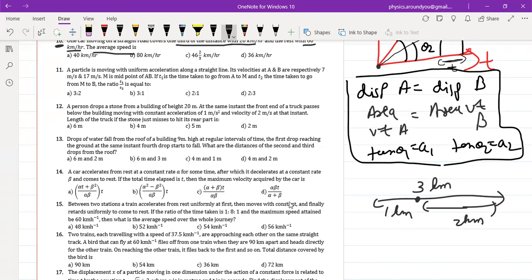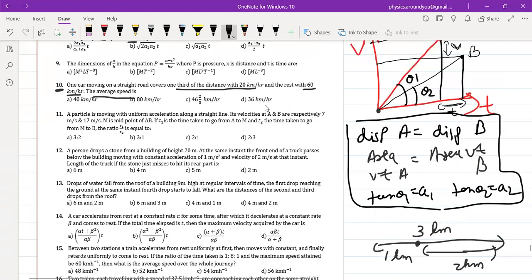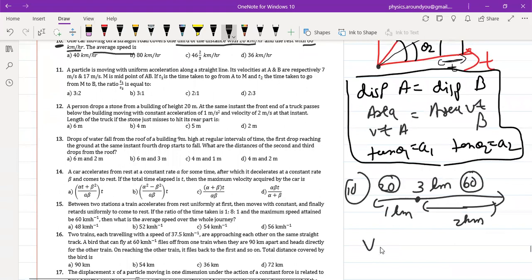In 1 kilometer, it traveled with a speed of 20 kilometer per hour, whereas the 2 kilometers it traveled with 60 kilometer per hour. Cool. How will you calculate the average speed? Average speed, V average, is given by total distance by total time. So 3 kilometers by total time taken. Total time taken is the sum of the individual times.